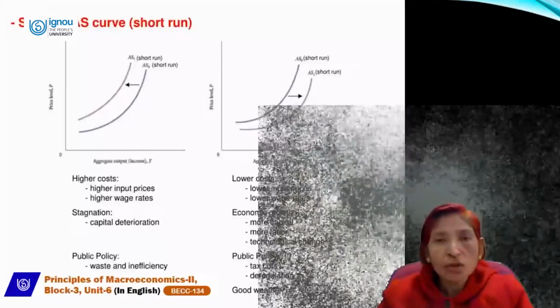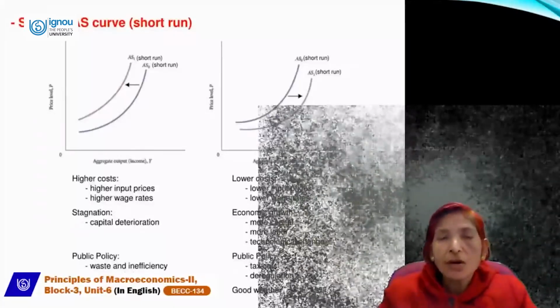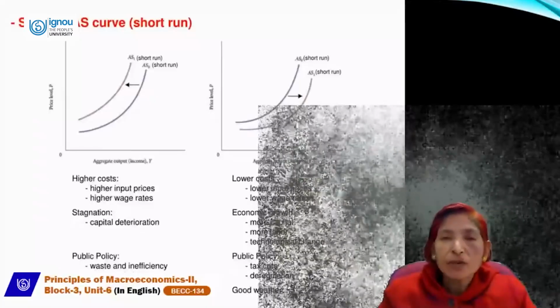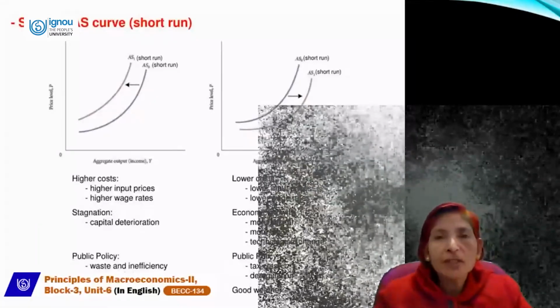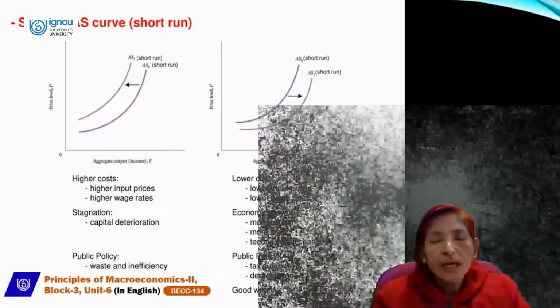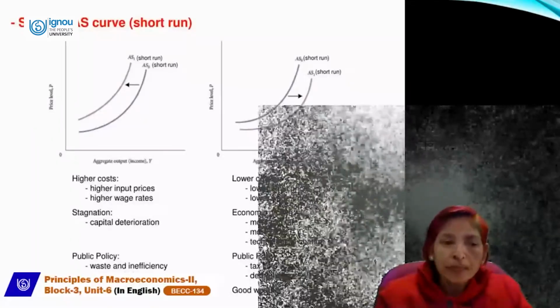If there is a huge cost of production in an economy, then the producer's profit motive will fall and the producer will produce fewer goods and services. In this situation, the aggregate supply curve will shift to the left hand side.